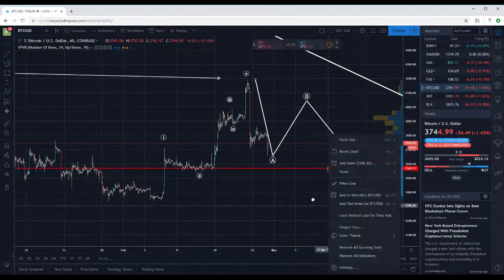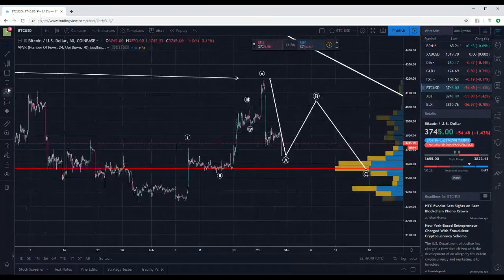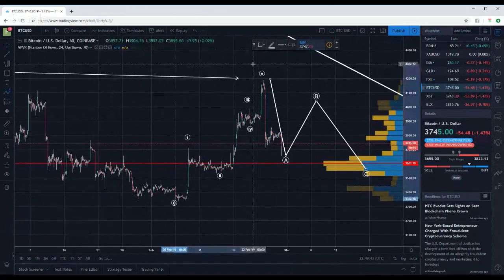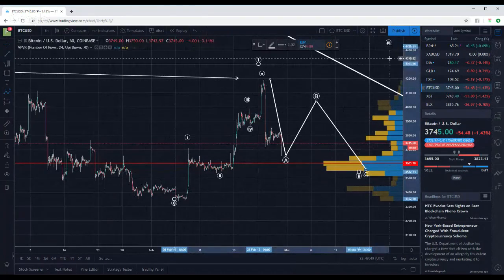But to put in a larger degree 1, 2, and then we're going to go up for 3, 4, 5.